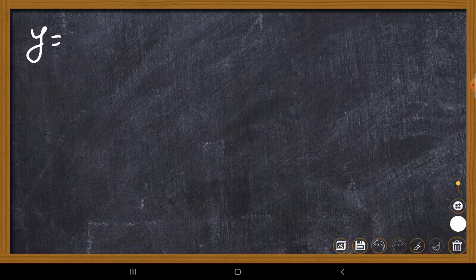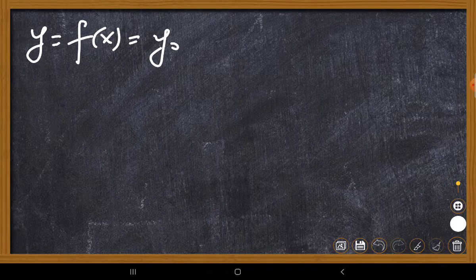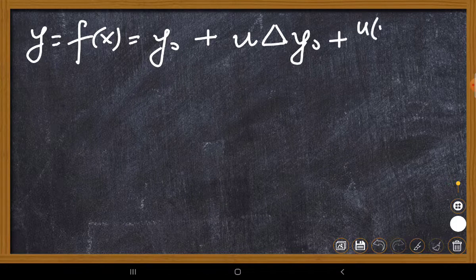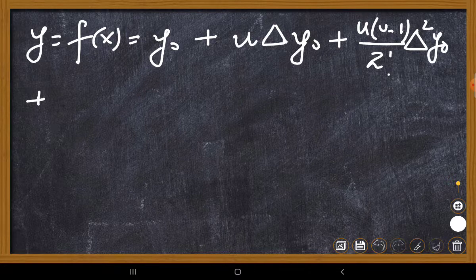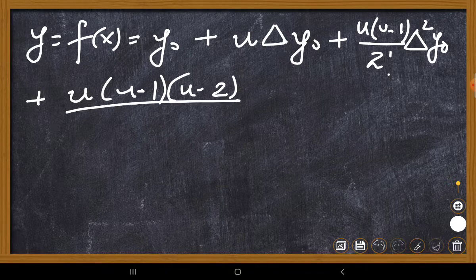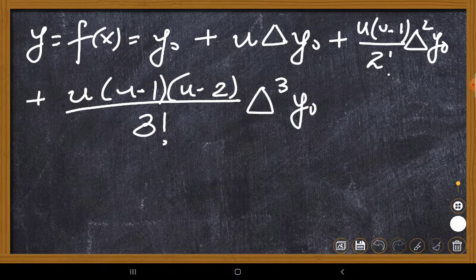y equal to f(x) equal to y0 plus u into delta y0, plus u into (u minus 1) divided by 2 factorial, delta square y0, plus u into (u minus 1) into (u minus 2) divided by 3 factorial, delta cube y0, and so on.